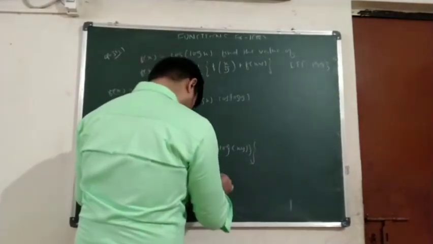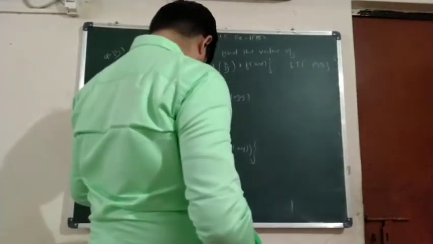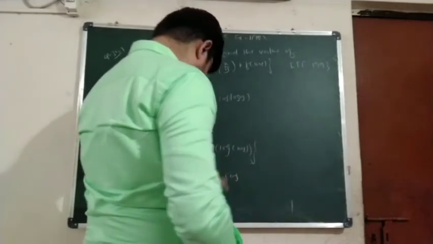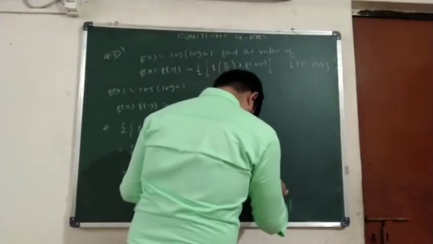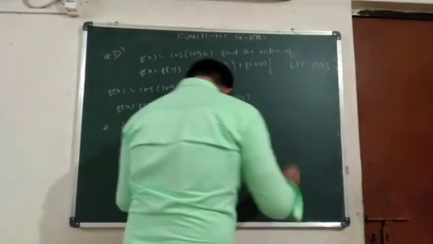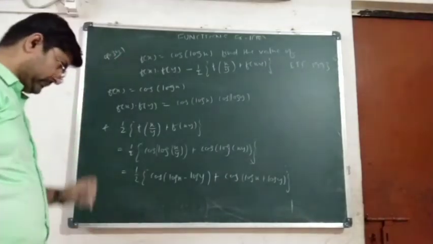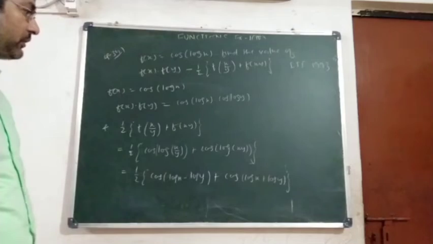And plus cos of log xy, which we can write as cos of log x plus log y. Yes. Okay, you write down this one. The further steps we will do in the next step.